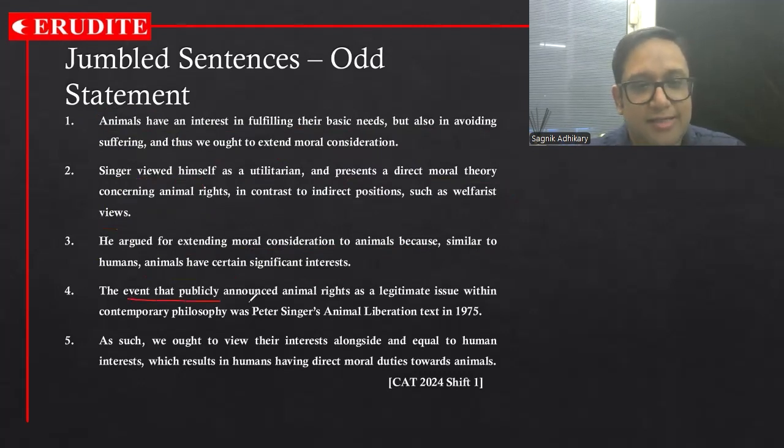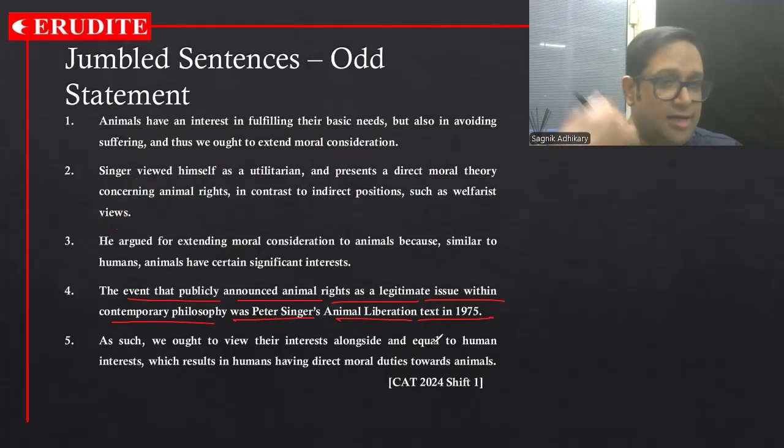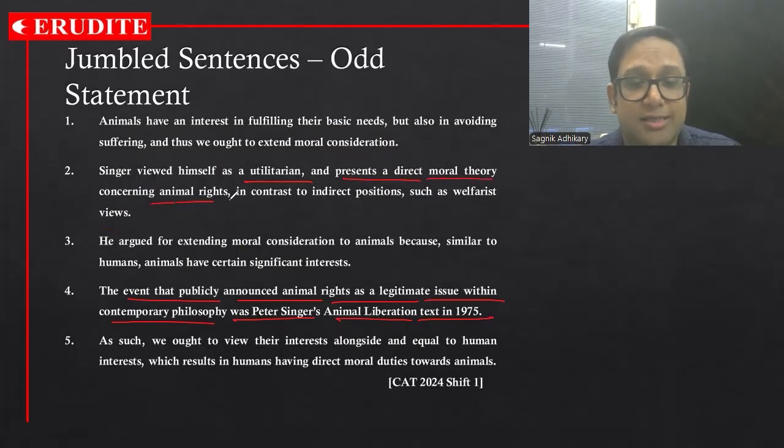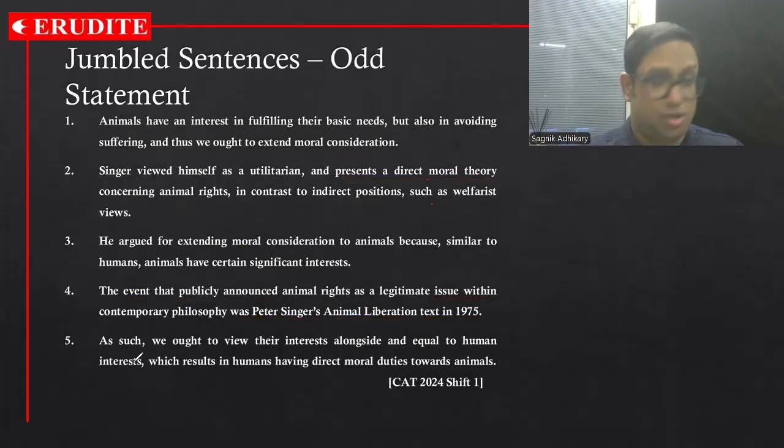4 says the event that publicly announced animal rights as a legitimate issue within contemporary philosophy was Peter Singer's Animal Liberation text in 1975. This connects with 2. Singer viewed himself as a utilitarian, presents a direct moral theory concerning animal rights in contrast to indirect positions such as welfarist views. So 5 must be the odd statement.